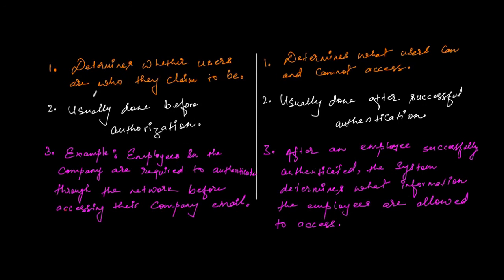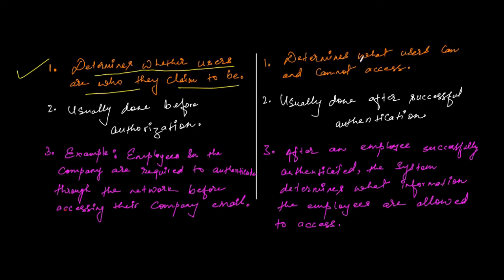Now we must quickly pass through the important points that we have discussed so far. First point is that authentication determines whether users are who they claim to be. In the authentication process, we usually determine whether the users are the real, genuine ones, whom they are claiming to be.